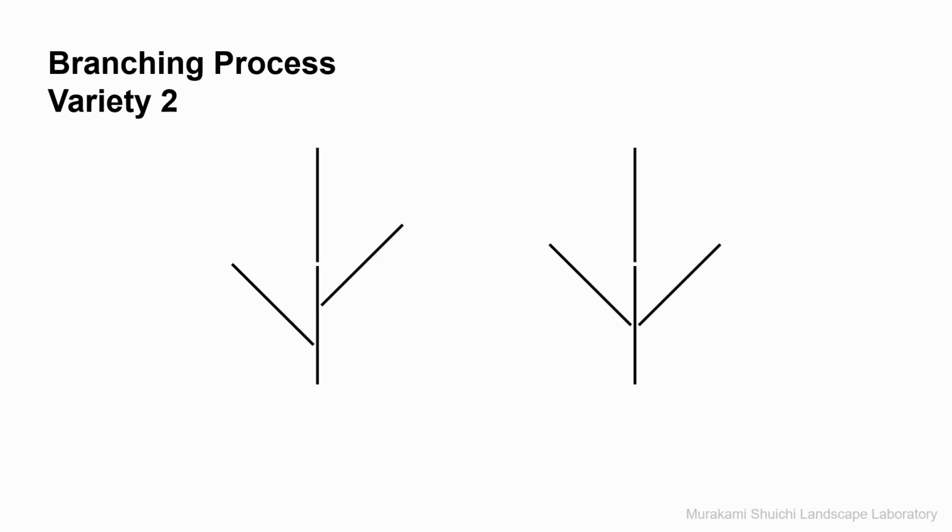Naturally, the difference in bud position results in a difference in the position of the branches that grow from them. The branching pattern on the left is called alternate branching, while the one on the right is called opposite branching. Although the effect is not as visually striking as differences in growth ratio, variation in bud position is also one factor that contributes to the differences in tree form.